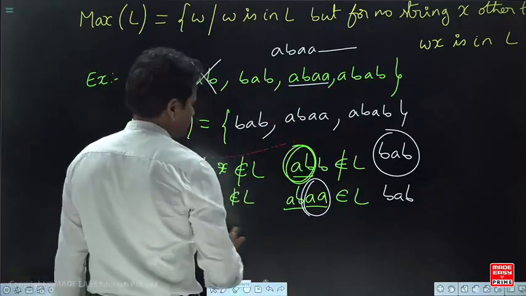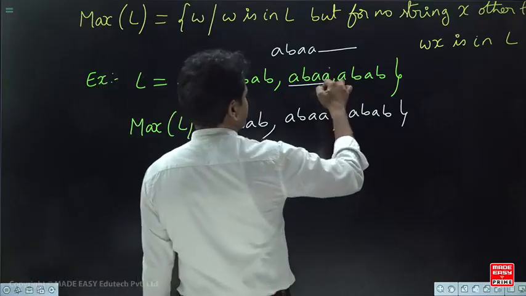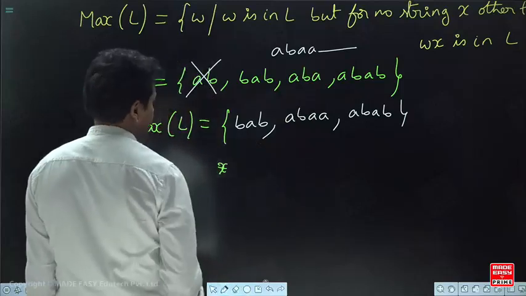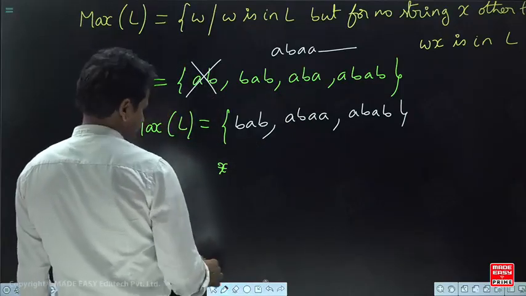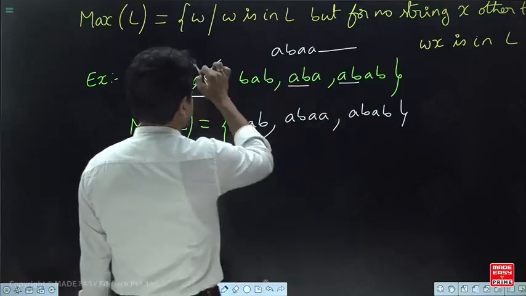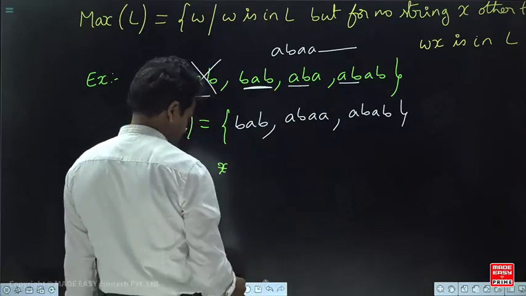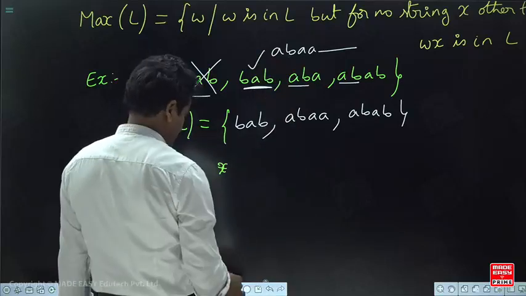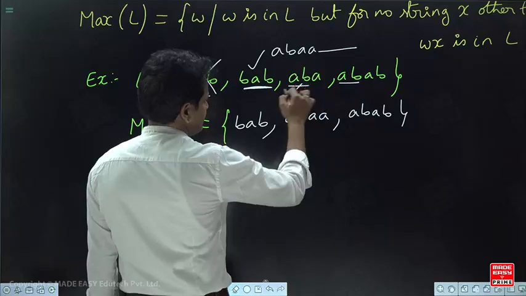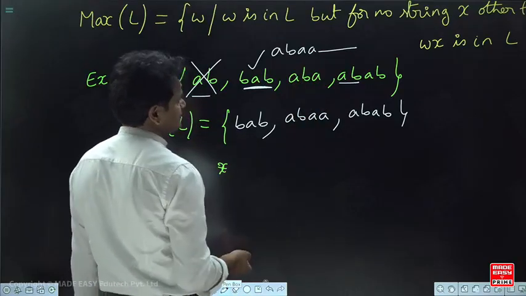Okay. So I will do a small modification. Example. I am deleting this one. Now look at this one. AB, starting with this, there are two strings, so don't take. BAB, starting with BAB, no other string. Okay, take BAB. Now ABA. Can I take ABA? You have to find whether any string starts with ABA.